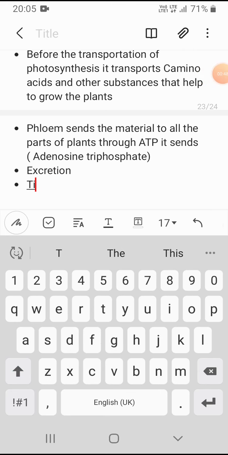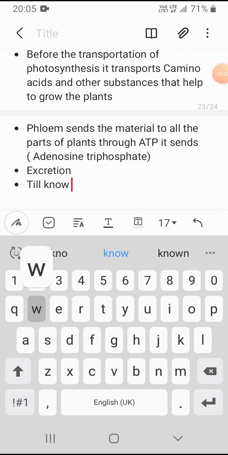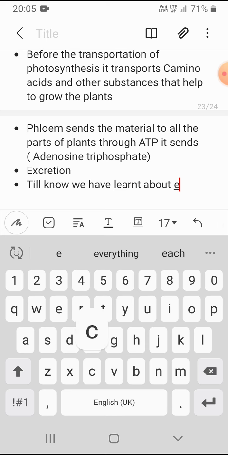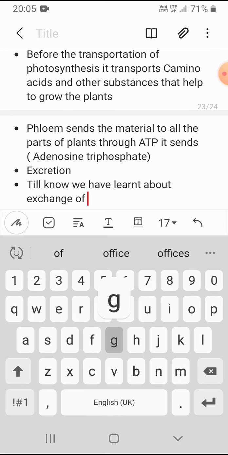This is excretion. So till now we have learnt about exchange of oxygen, exchange of gases.